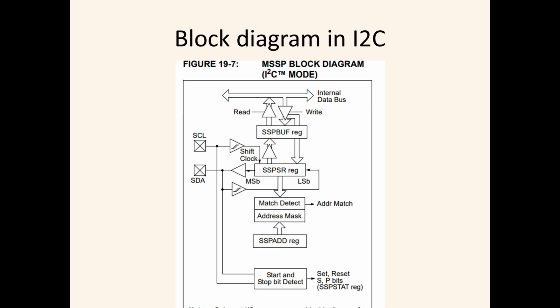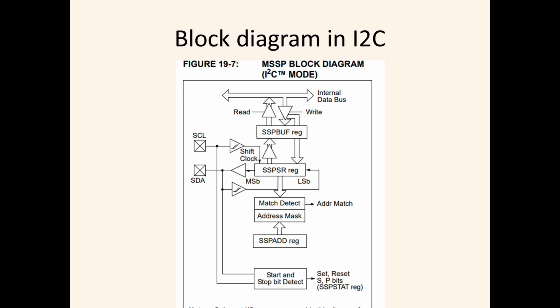So this is the block diagram for I2C. Now to program this I2C, some registers are required, as you are enabling this particular I2C operation using the MSSP module. So you require 6 registers for I2C operation.